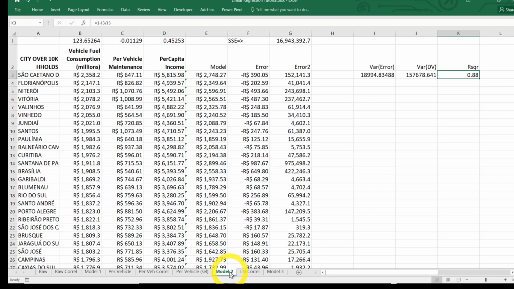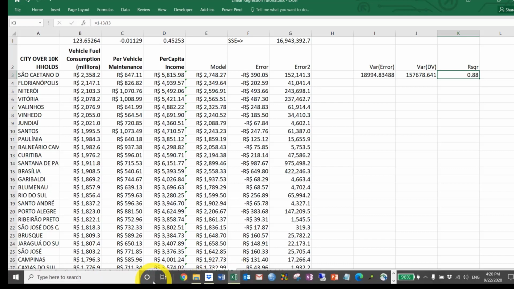But that loss is misleading, because the fact that we now explain only 88% of the variance in fuel consumption reflects the fact that we are not double counting and we have one less predictor. So with only two instead of three predictors, we now get an R square of 88%. And that's the solution for multicollinearity.